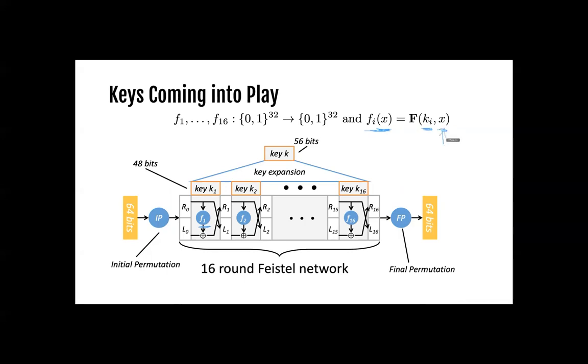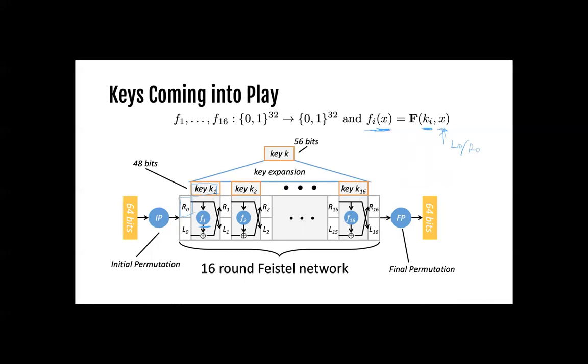So this is maybe L0, R0, and then this is the key. Those one-way functions take the key and, say, R0 as input, and then output something.